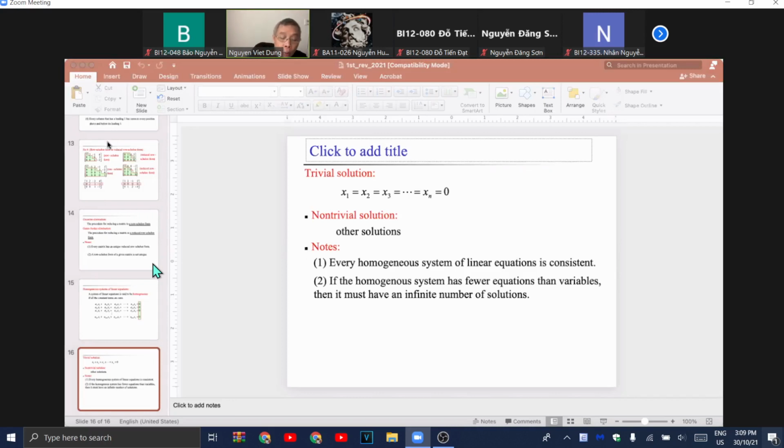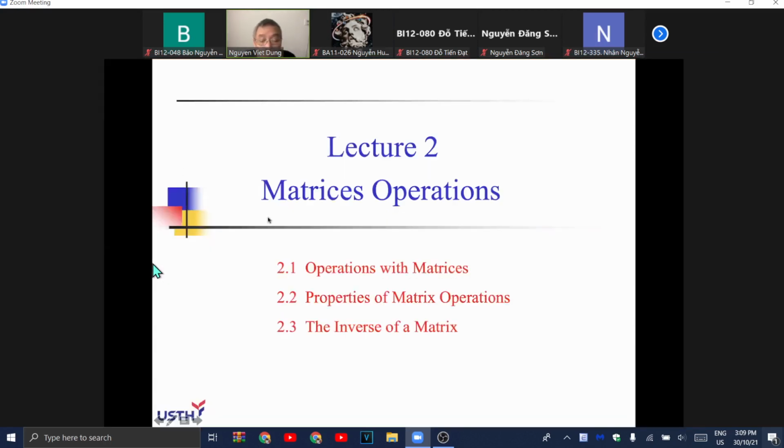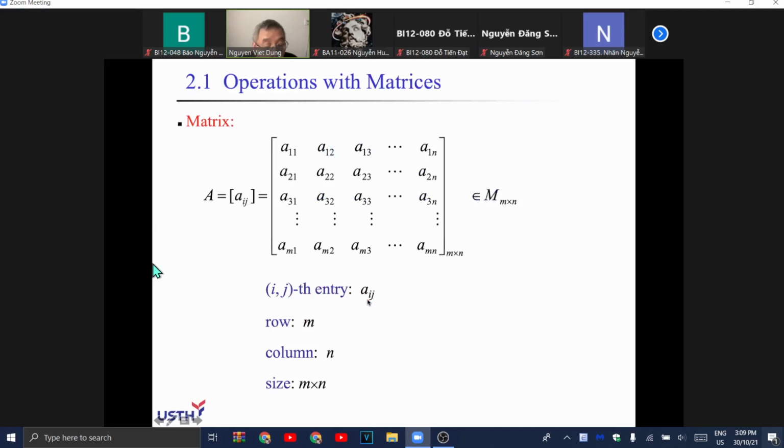Lecture number 2 will deal with operations on matrices. So we go here. First, recall that a matrix A, an m by n matrix, is something like that. That is a rectangular table consisting of numbers as entries.